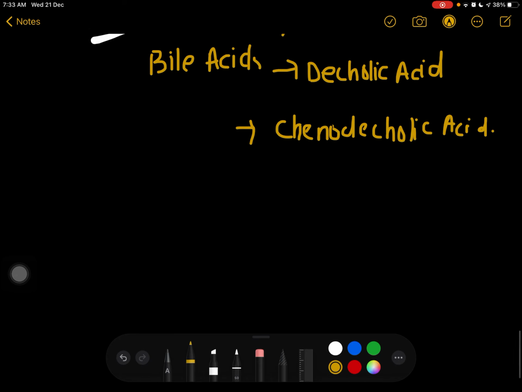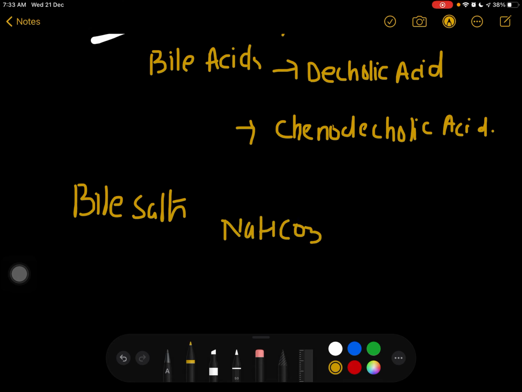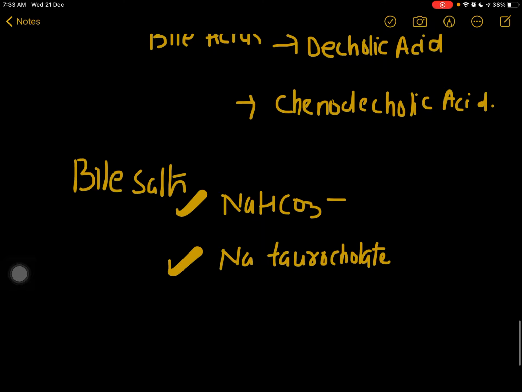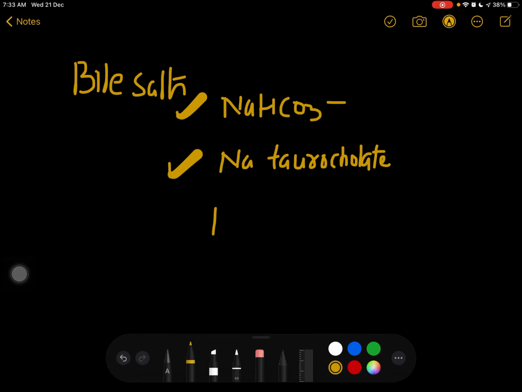Next we have some bile salts, for example sodium hydrogen carbonate, like sodium bicarbonate, NaHCO3. Next we have sodium taurocholate and sodium glycocholate. These are salts present in bile.